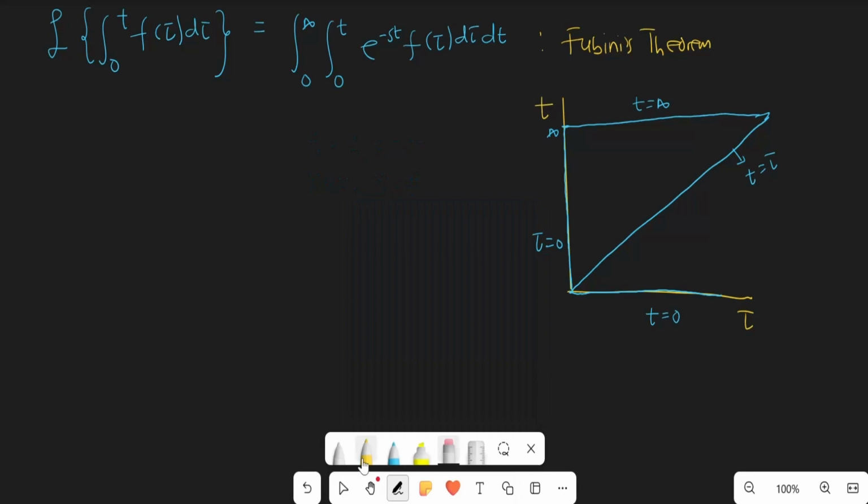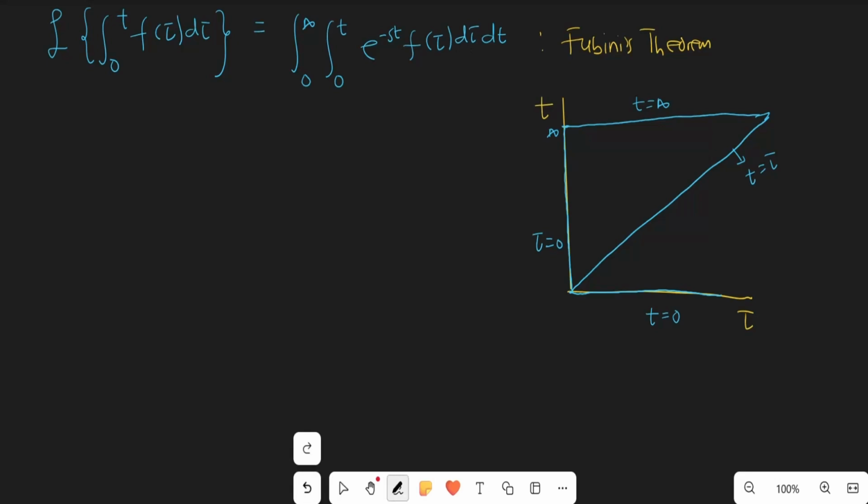So now let me first start by integrating with respect to t, right? So I want to switch the limits and integrate first with respect to t and then later on with respect to tau. So let me do that by redefining the limits of integration for t. So t is the vertical axis.